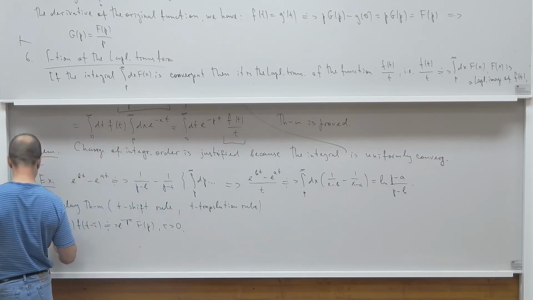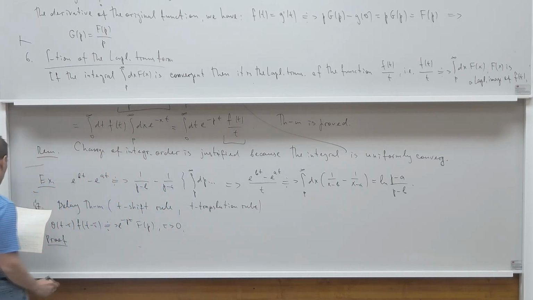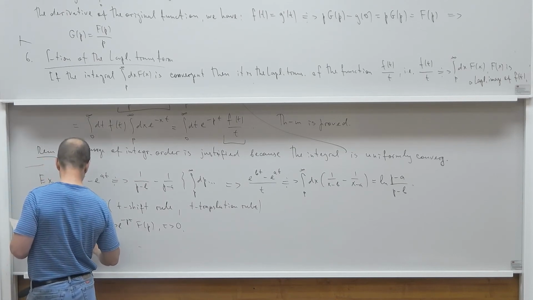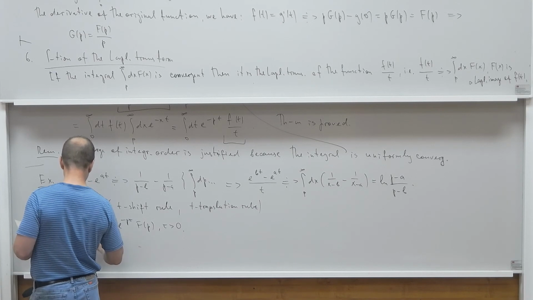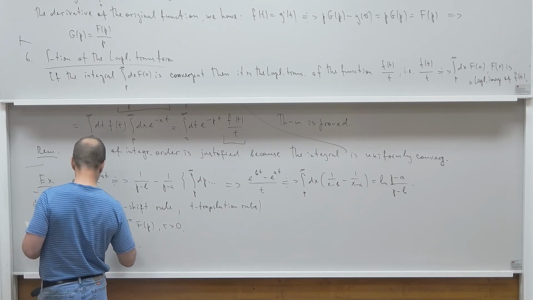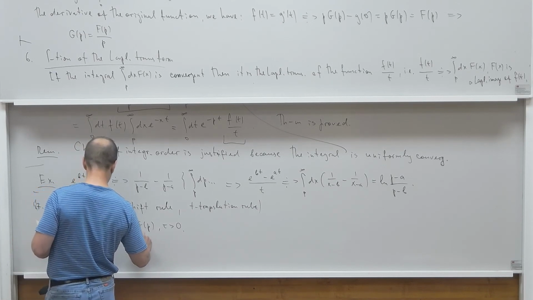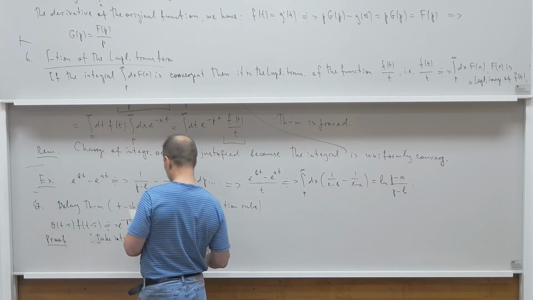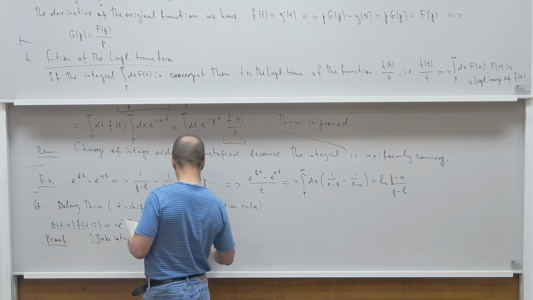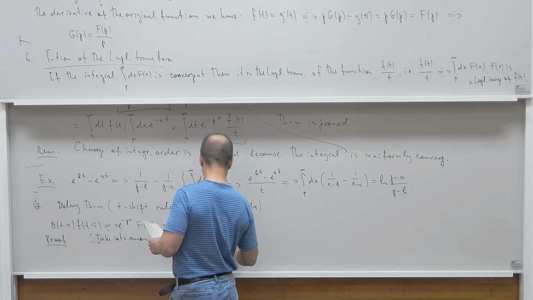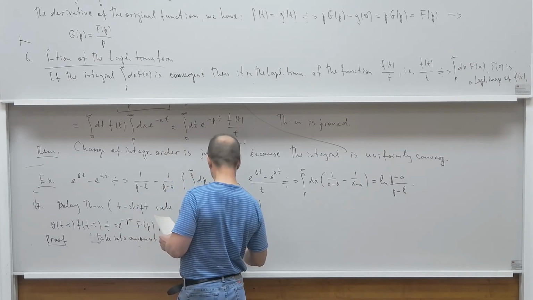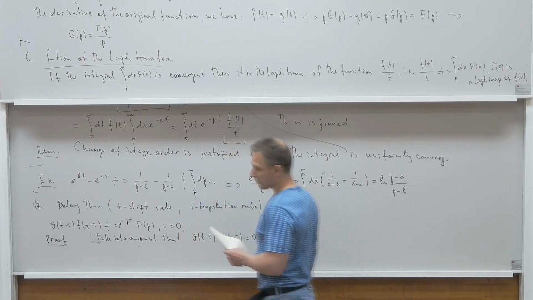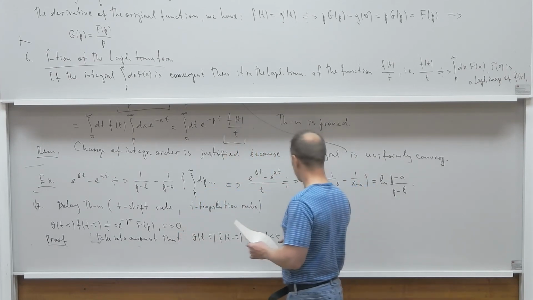Proof of this statement. Let us take into account the obvious fact that the function on the left-hand side, the original function, is equal to 0 when t is less than tau.